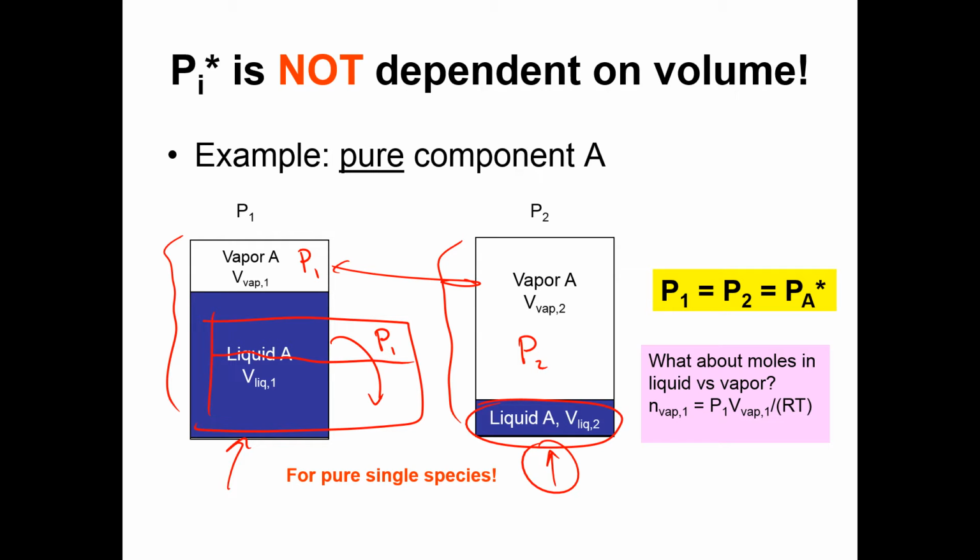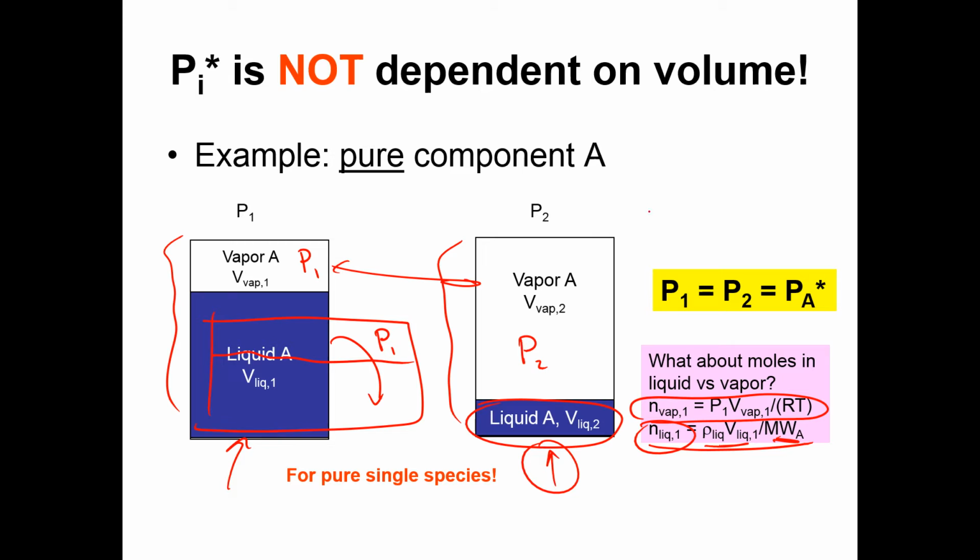For the vapor, you can do that just from the ideal gas law, as long as you're at low enough pressures. And for the liquid, you can use the density times the volume and divide by the molecular weight for that liquid. So that can give you the number of moles of liquid and the number of moles of vapor.